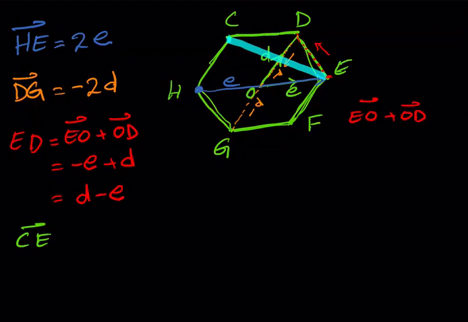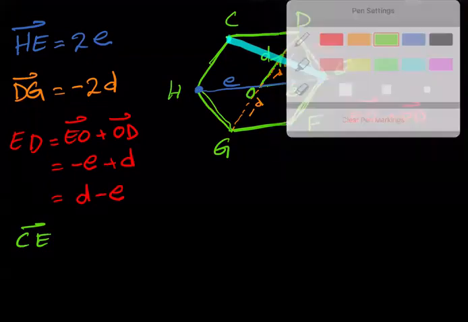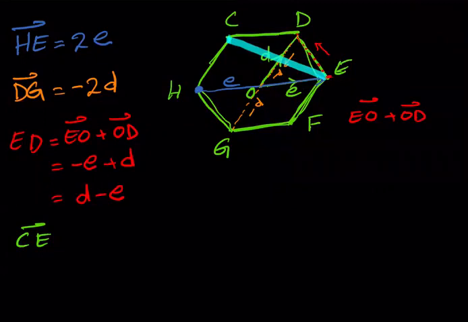That means all the sides are the same, like CD is the same as DE, the same as EF, and so on. CD is parallel to OE, and CD is the same size as OE. So CD in this direction is E.